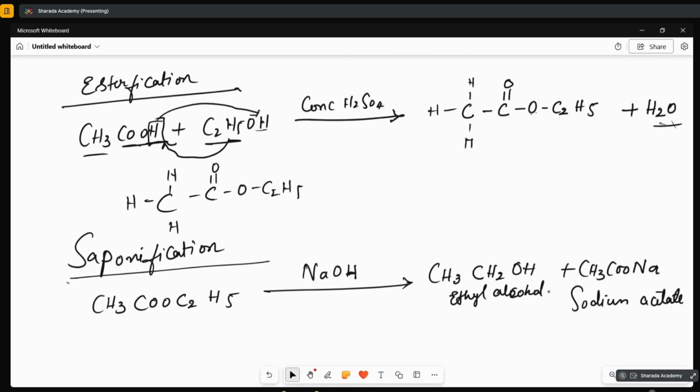What is the reason? It is used in soaps. This reaction gives sodium acetate, and it is used in soaps. Okay, sodium acetate, what we get, is used in soaps. So this is also called saponification. We'll study next how soaps are formed, all this, in soaps and detergents. We'll study that portion.